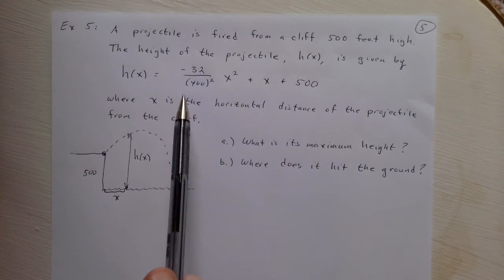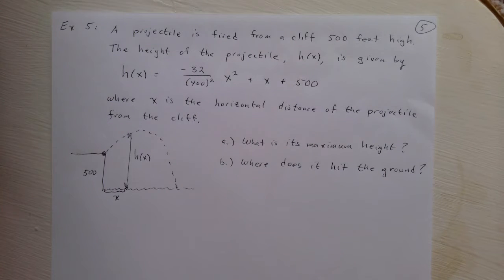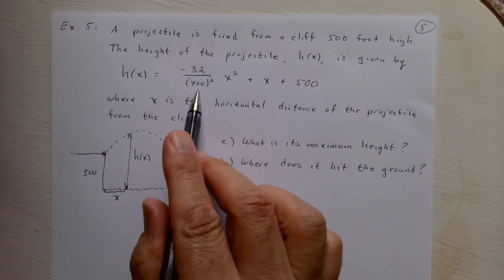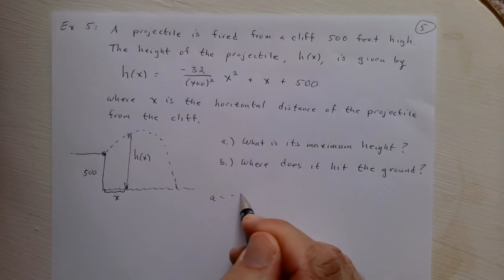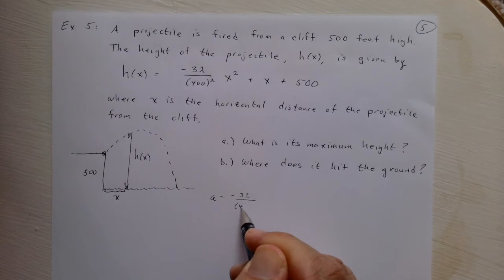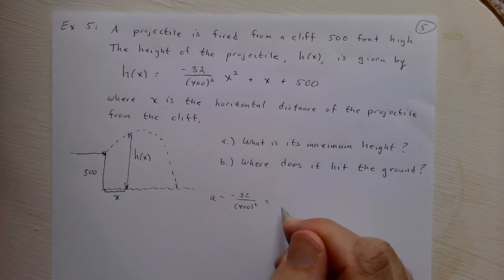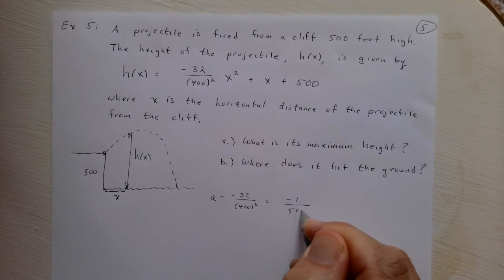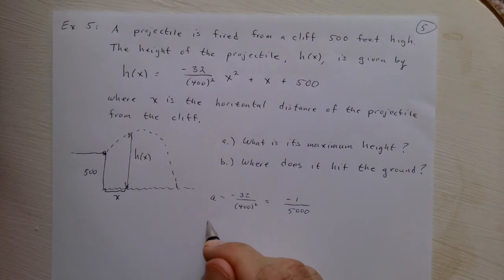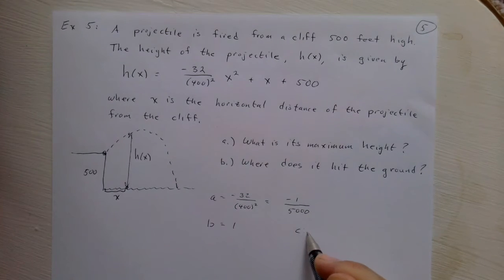So right away, in some ways, this looks like the most difficult, but it's actually the easiest because we're already given the function that we're trying to maximize. And our leading coefficient a is going to be negative 32 over 400 squared, which you might want to simplify. This turns out to be negative 1 over 5,000. b is 1 and c is 500.